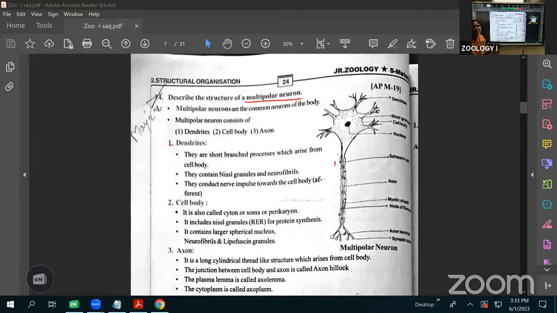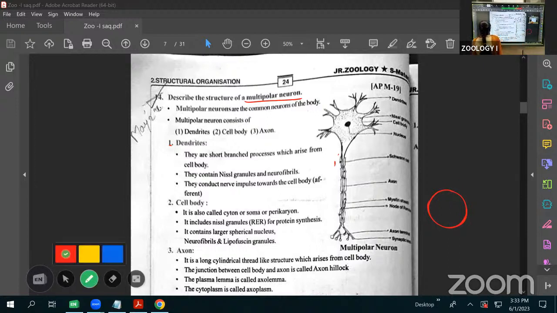Where is it located? In the central nervous system. In the brain, the outer side has the gray matter and the center has the white matter. The gray matter on the outer side has non-myelinated neurons.